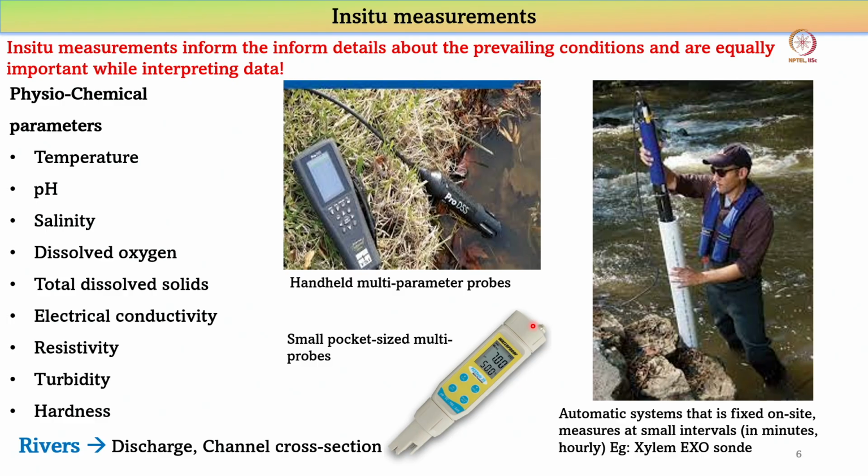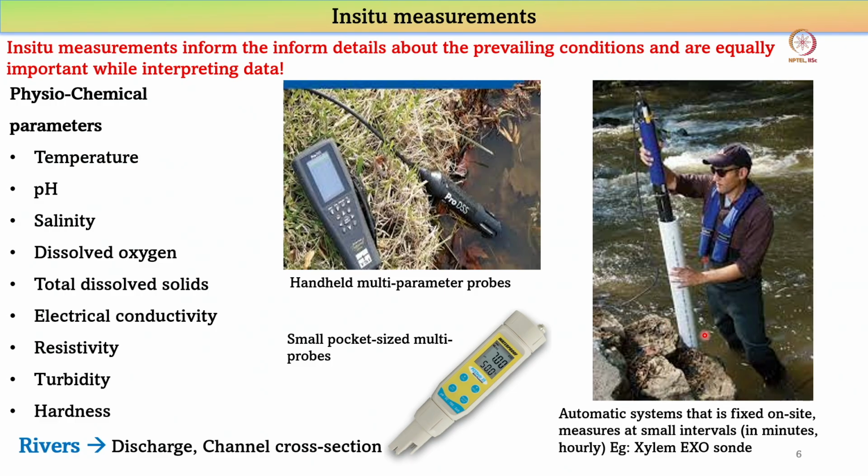This pen probe, you cannot put directly into the flowing water itself, as compared to this kind of probe, which has a sensor attached to a wire, so you can put this probe directly into the flowing stream. So this is another different kind of instrument.